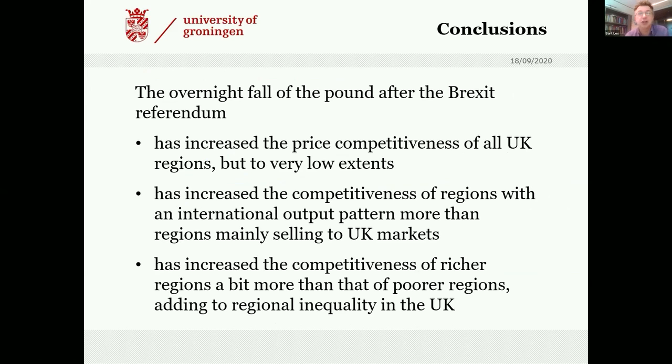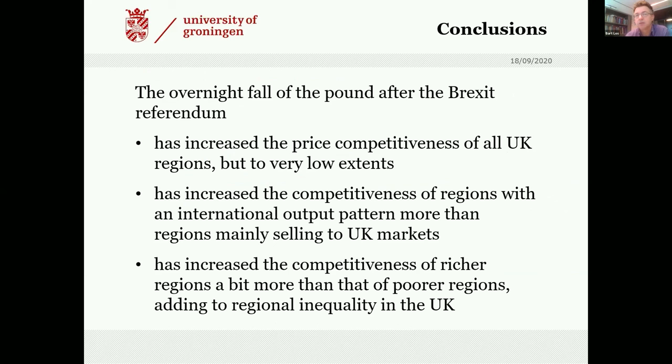This is the slide with conclusions. So we find that the immediate fall of the pound after the Brexit referendum led to an increase in the price competitiveness of all UK regions, but to very low extents.